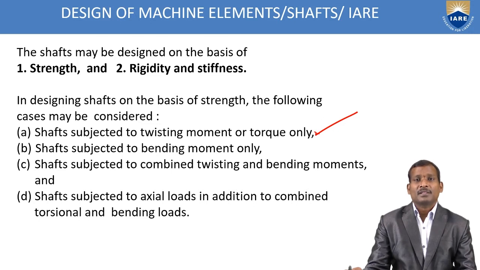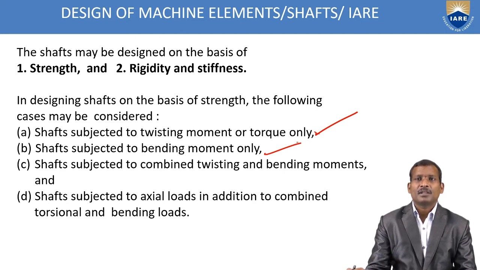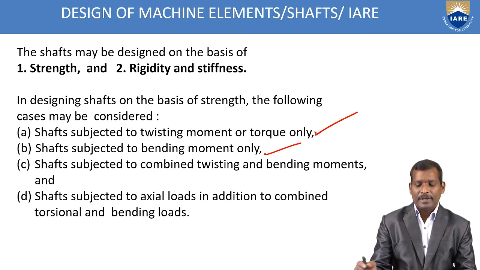Second one, when the shaft is subjected to bending moment only, there is no twisting moment. Third one is the shaft subjected to combined twisting and bending moments.